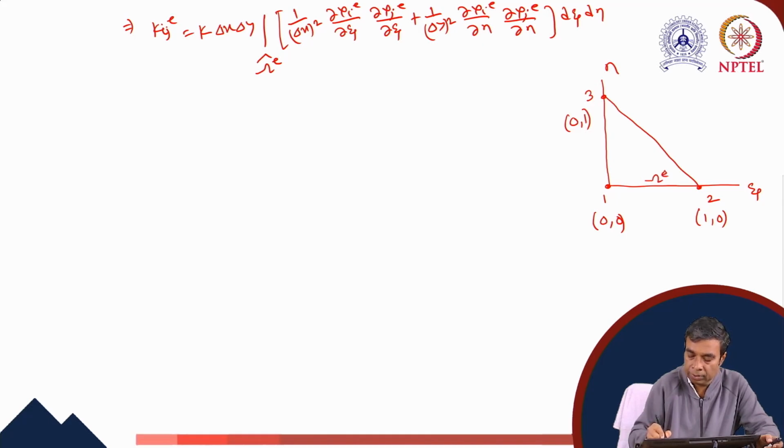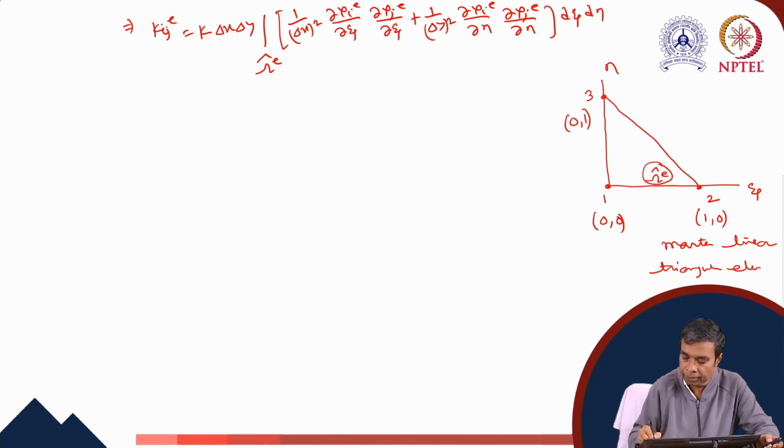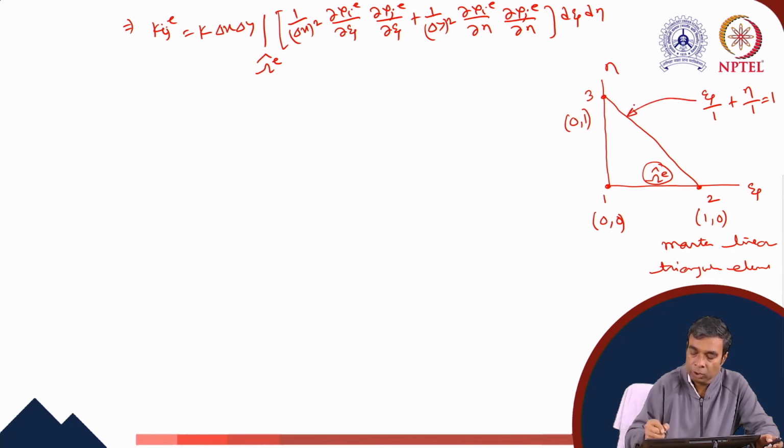This is omega e cap, the master linear triangular element. Now the equation of this straight line is xi by 1 plus eta by 1 equals 1. This gives us eta equals 1 minus xi.